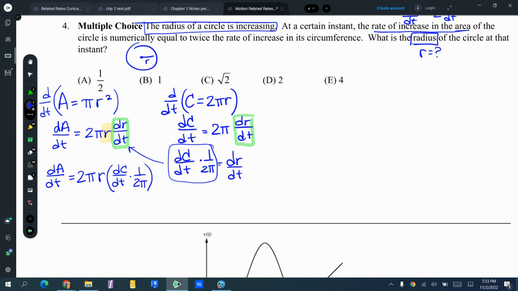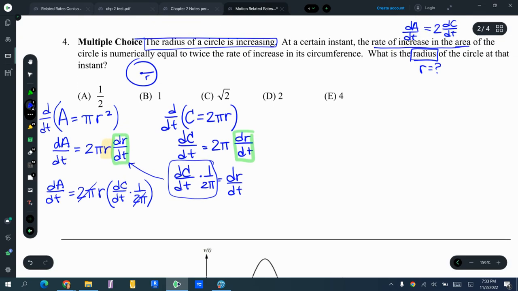I know it's kind of going back and forth all over the place. The 2 pi's are going to cancel. And I still have a little bit too many variables in here, but I'm going to go back up to the top and take a look. I am told that dA/dt is equal to 2 dC/dt. All right, well, let's go ahead and replace dA/dt with 2 dC/dt and see if that helps us out.